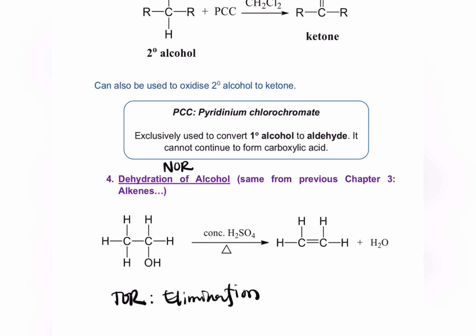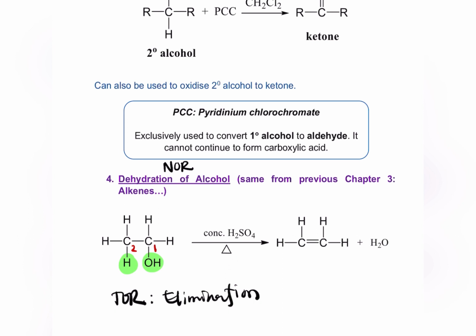So here I have alcohols as my reactants, and I can see that the carbons involved are the first carbon that holds the OH group and the second carbon that has adjacent hydrogen atoms. So we are going to eliminate OH from the first carbon and hydrogen from the second carbon, with concentrated H2SO4 and heat as my reagents and conditions.